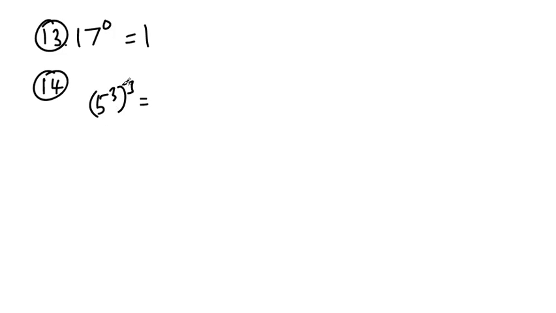One way to do this is, because these 3's are so close, if I put a little line there, it looks now like a multiply. That's really what we've got to do. One thing that I like to do is put a circle around them. That helps me know to multiply them. So our 5 would stay there, and 3 times 3 would be 9. That would be our answer for number 14.